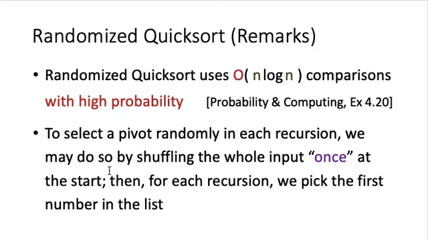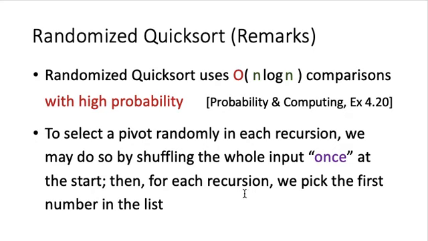Now another thing to talk about is that in this implementation of randomized quicksort, we select a random pivot in each step. But there is another way to do so. We may replace this random selection by first shuffling the whole input just one time at the start, so that all the items in the input are in random positions.